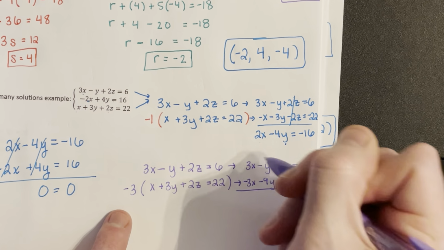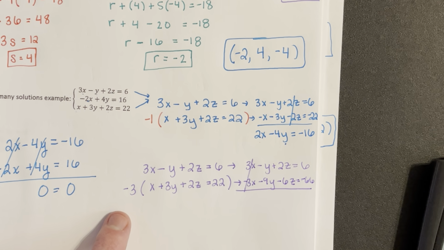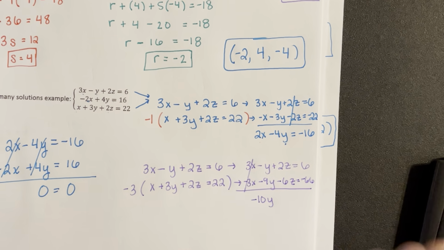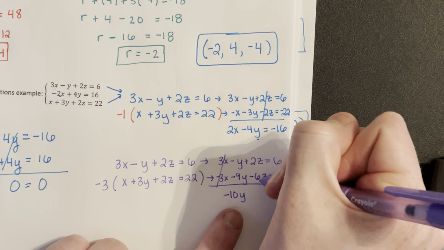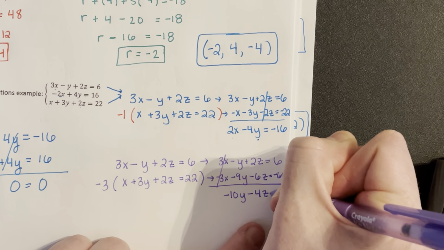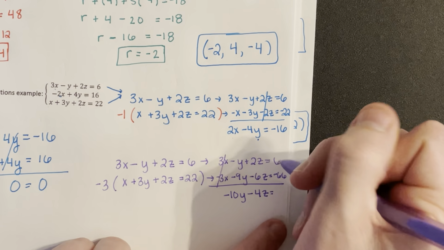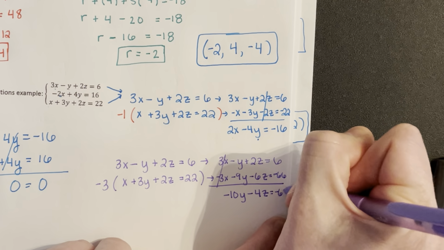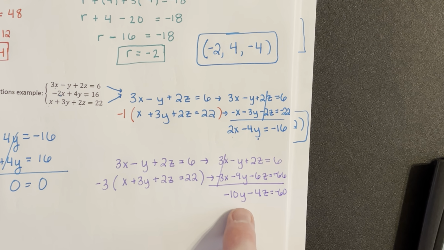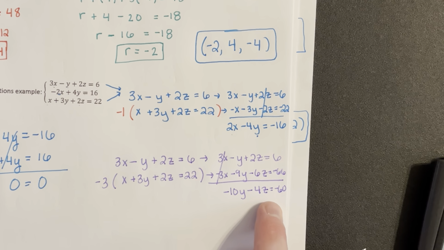If I add straight down, my x's cancel out, and now I have negative 10y, 2z and negative 6z is negative 4z. Negative 66 plus 6 is negative 60. I have an expression that's just y's and z's. That's what we needed if we want to get y in terms of z.